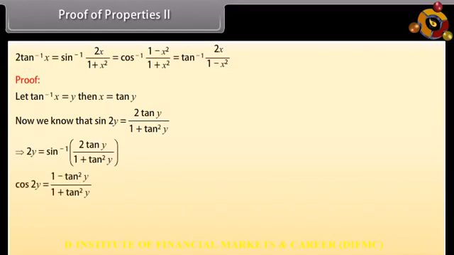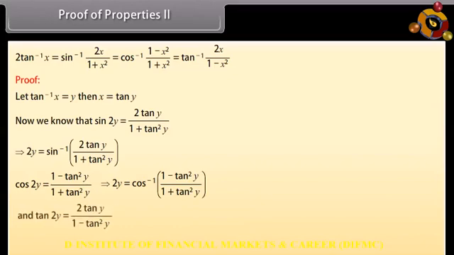Cos 2y is equal to 1 minus tan square y by 1 plus tan square y. It implies that 2y is equal to cos inverse of 1 minus tan square y by 1 plus tan square y. And tan 2y is equal to 2 tan y by 1 minus tan square y. It implies that 2y is equal to tan inverse of 2 tan y by 1 minus tan square y.